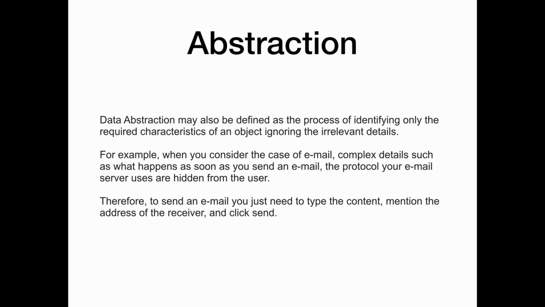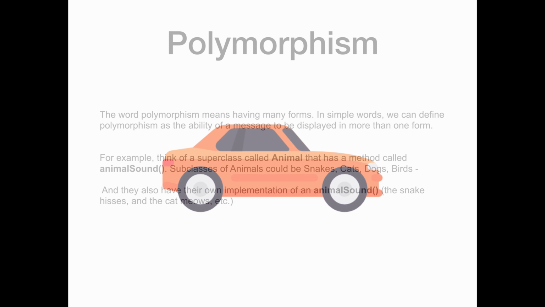So just like a car, you don't have to know what is going on in the car. You just see the car, but there's a lot of things inside the car, from electrical to mechanical, the combustion engine, or if it's a Tesla, the batteries and everything. You don't see it. It's hidden from you. So the same way in code, you can hide unnecessary details from the user.